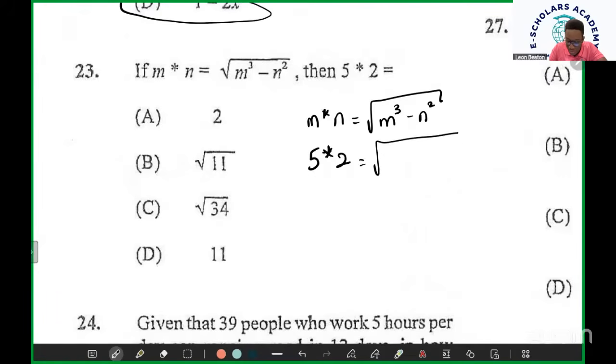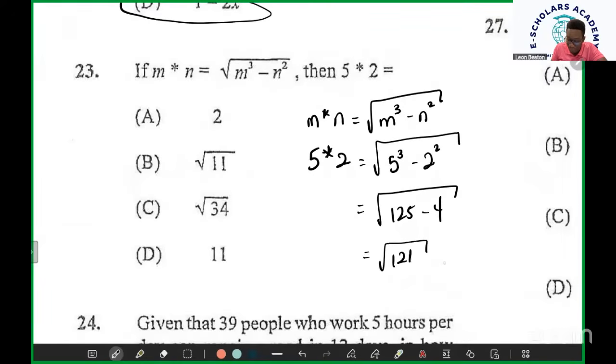So this will be the square root of 5 cubed minus 2 squared. 5 times 5 is 25, 25 times 5 is 125. Minus 2 squared, which is 4. So the square root of 125 minus 4 is 121. The square root of 121 is 11. So this is a nice and easy D.